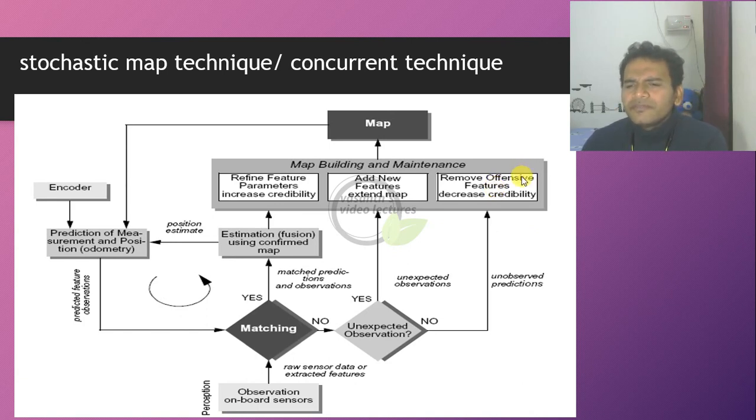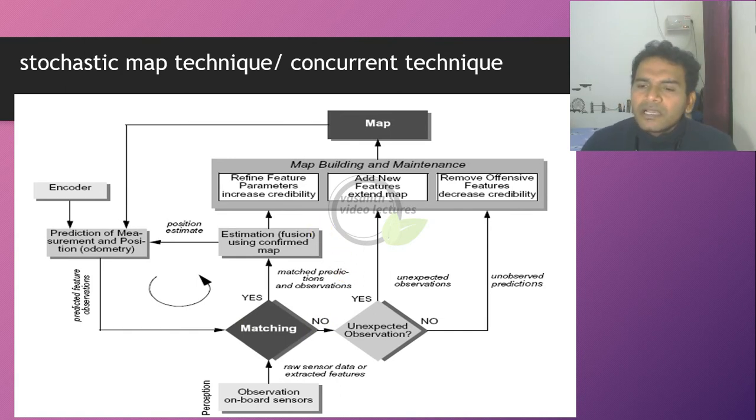Any offending features existing in a map can be removed, and then this complete data will be fed to one typical station which continuously takes up the data, called the map. This map is again matched with the prediction part, which will again check for any changes in the map. So you have a simultaneous process of map building and localization together.